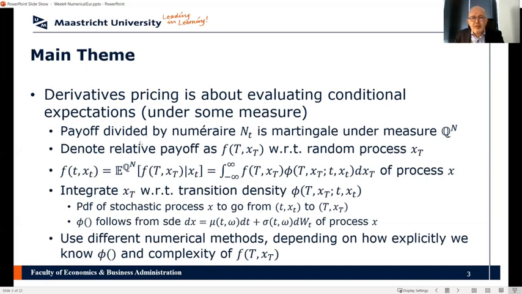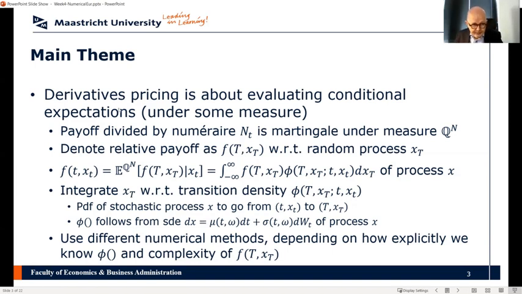And if we denote this relative payoff as a function or a random variable f(x_T), so we are looking at a payoff at time capital T, then this payoff is driven by some underlying random process, which could be the stock price or the logarithm of the stock price, or maybe the martingale, the stock price divided by the numeraire. So here I'm going to be looking fairly general at just taking an expectation of a random variable, and then towards the end I'm going to connect it back to the Black-Scholes economy that we have been working with.